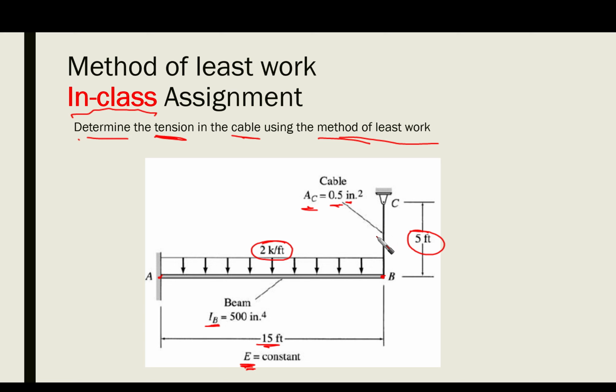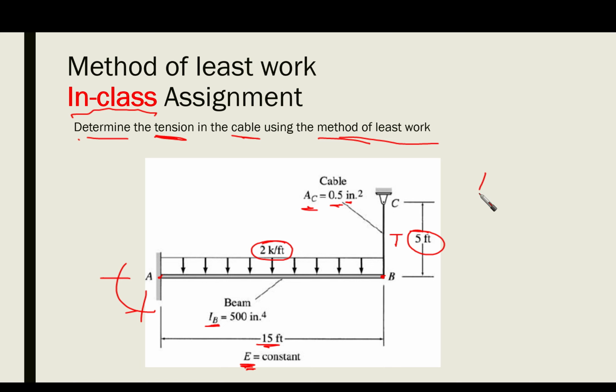First of all, let's put first things first. What are the main redundants or the main unknowns that we have? We have 1, 2, 3 unknowns here because this is a fixed support, and we have the cable tension here, which is T. This is another unknown.